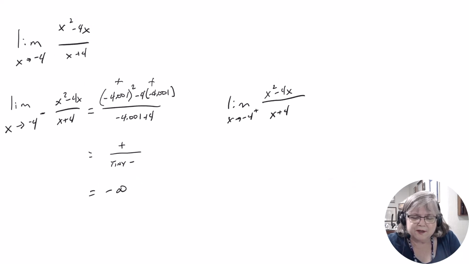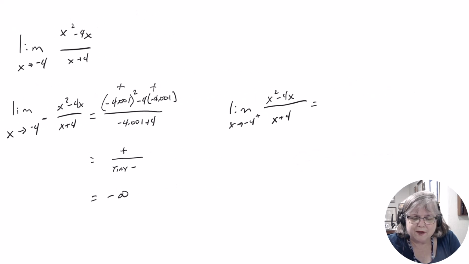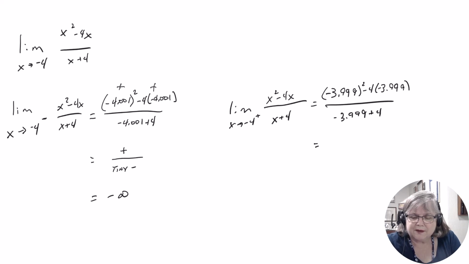So over here, remember we said to the right is -3.999. We say -3.999 squared minus 4 times -3.999 over -3.999 plus 4, which is a positive and another positive.